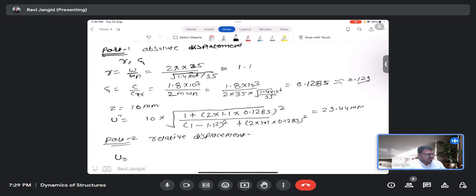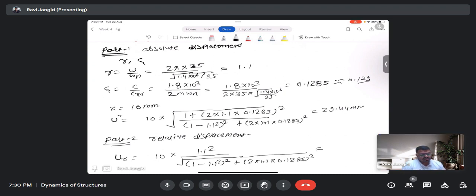So in this U relative you can find out 10 into R, which is your 1.1 squared, over 1 minus 1.1 squared plus 2 into 1.1 into 0.185 squared. So what are you getting? 31.883. Yes, I am getting 34.3.